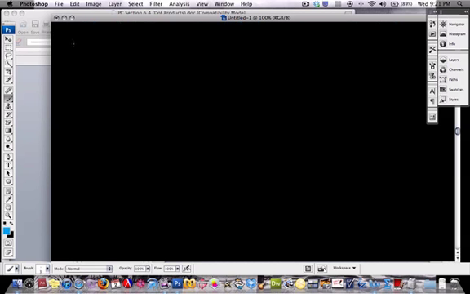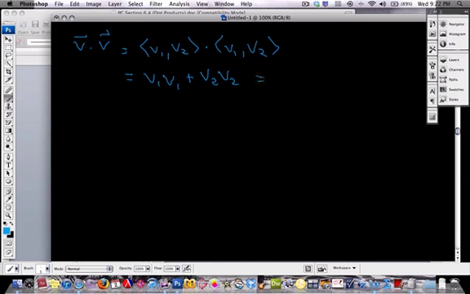So v dot v would be v1, v2 dot v1, v2, and according to our definition of a dot product, this would be v1 times v1 plus v2 times v2, which would equal v1 squared plus v2 squared.